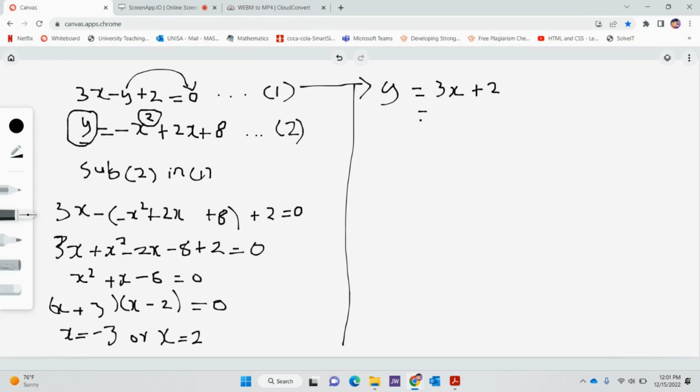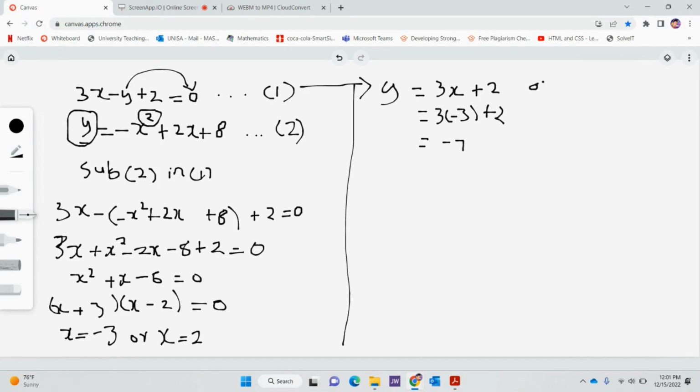All right. So when x is minus 3, we're going to have 3 times minus 3 plus 2, and this will give us minus 9 plus 2, which is minus 7.